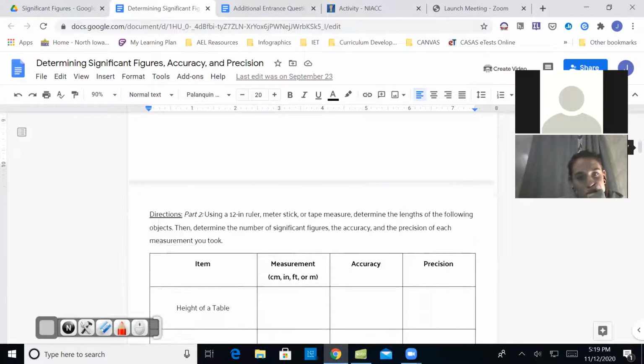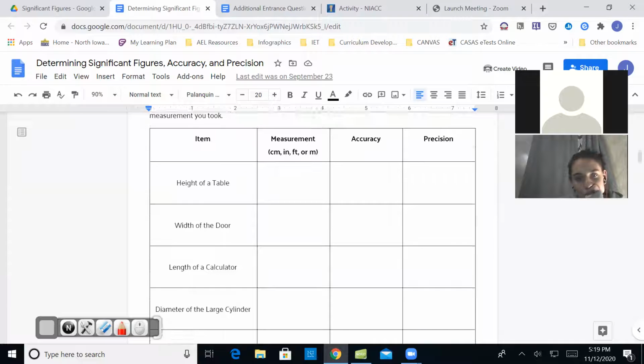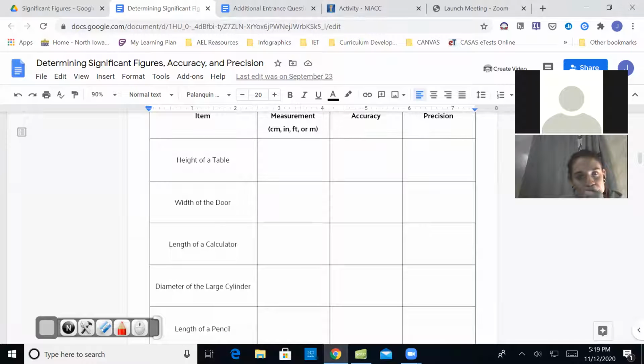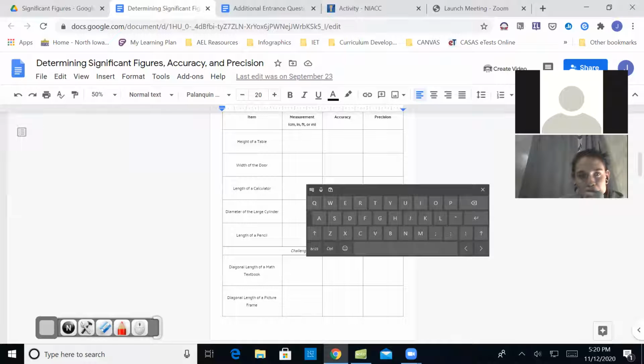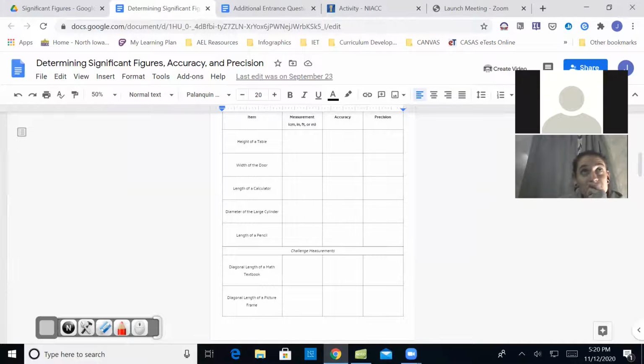Okay, I need to go back and look at the precision for each of these, because we didn't talk about this. The first one was 29.5, correct?